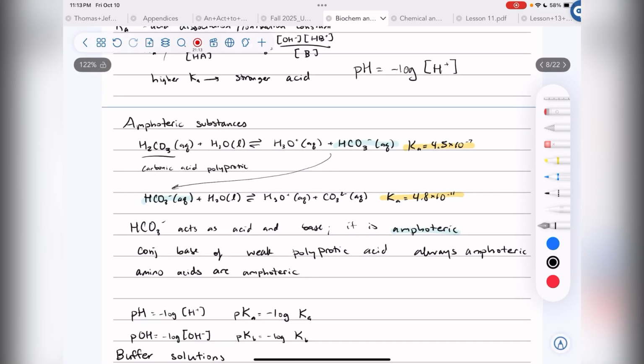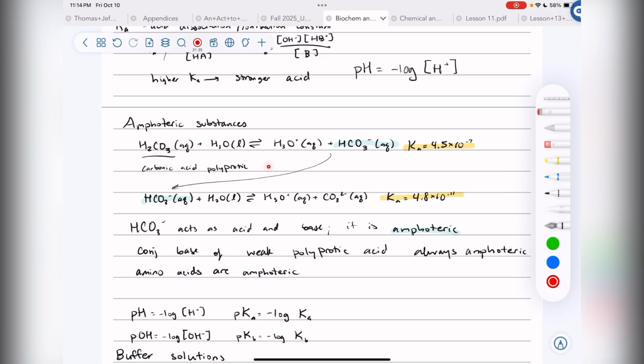Amphoteric substances. Okay, this is a molecule that can be both an acid and a base. So the example that they gave us here is carbonic acid, H2CO3, right? And then this one is the acid.